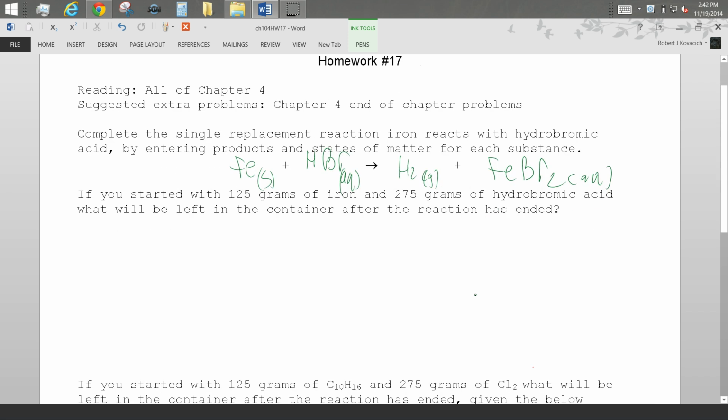I've been given 125 grams of iron and 275 grams of hydrobromic acid. Great. What? Not balanced yet. Yeah, good call. I need a 2 right here. I've been given 2 reactants, and those 2 reactants are going to react together. And when are they going to stop reacting?